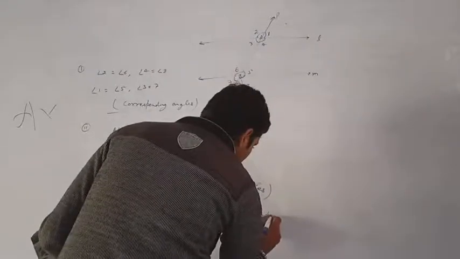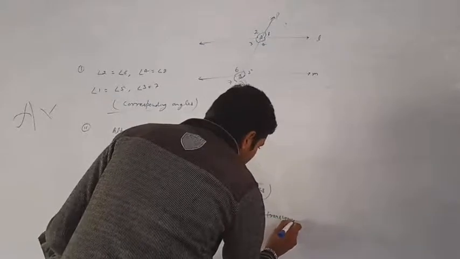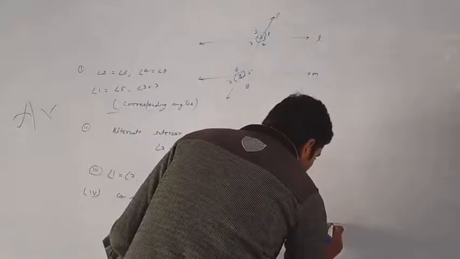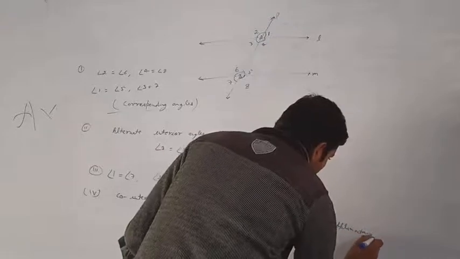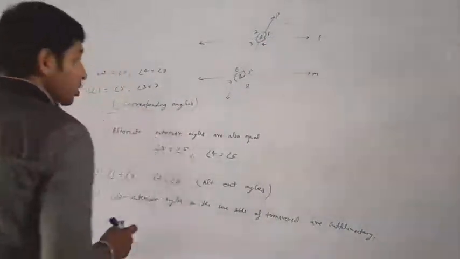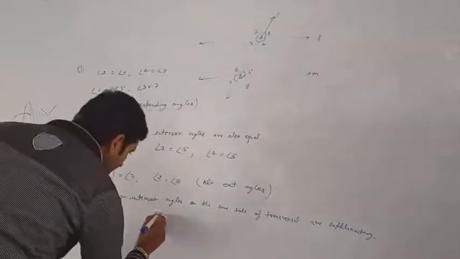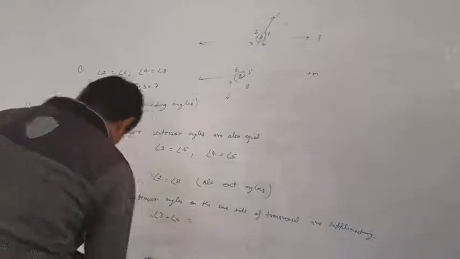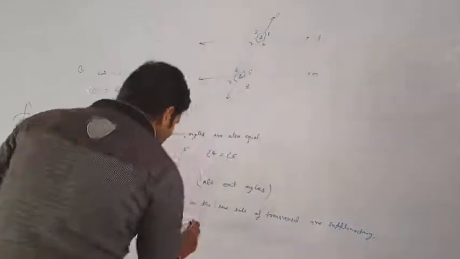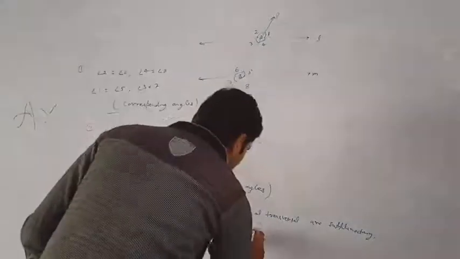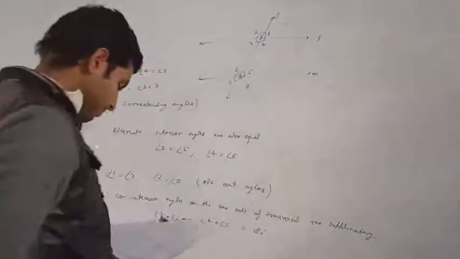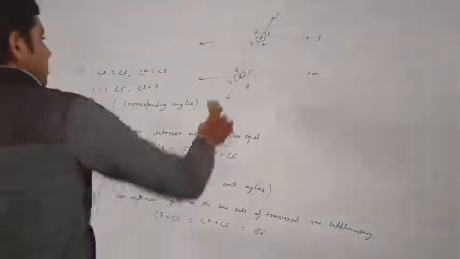So angle 3 plus angle 6, and angle 4 plus angle 5, are equal to 180 degrees.